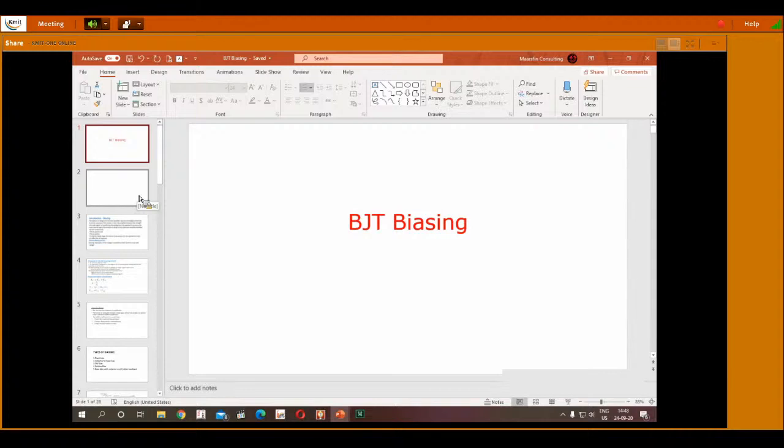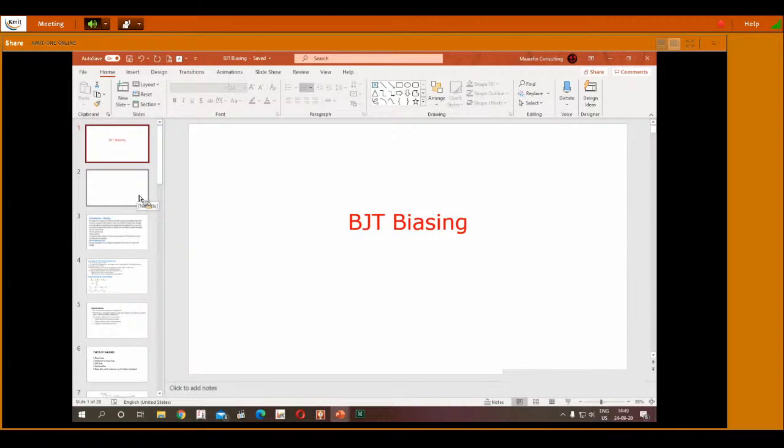But out of the three configurations, only the CE configuration is a generalized amplifier because its parameters are near the ideal characteristics of an amplifier. So we are preferring the common emitter configuration to describe this biasing topic also.